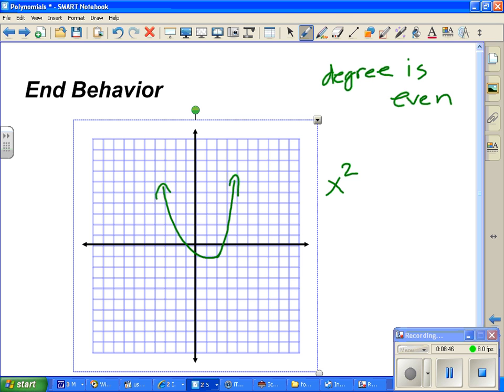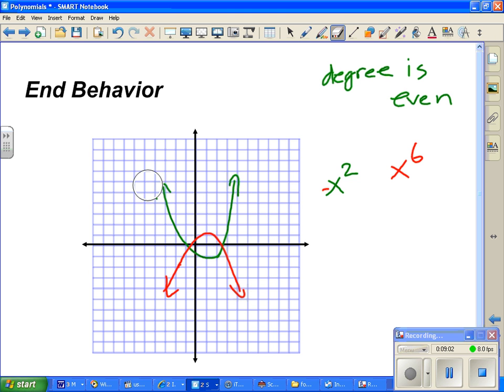They both go up. If it was negative, they'd both go down. Even if it was x to the 6th, because if this thing could cross 6 times, 1, 2, 3, 4, 5, 6, notice how both ends are going to end up going the same direction, even if it was negative. See, they're both going down even if it was negative. If the degree is even, they both go the same way.